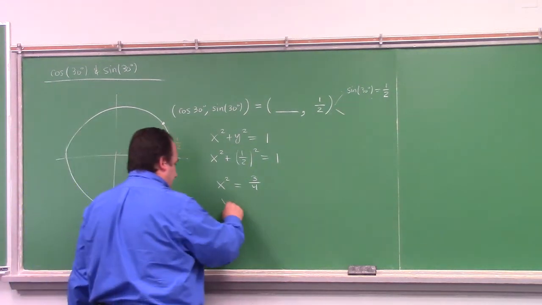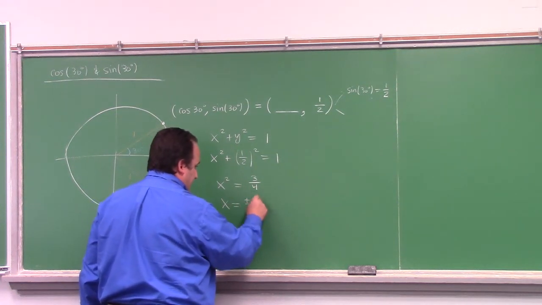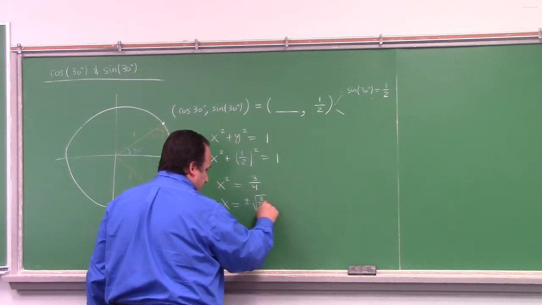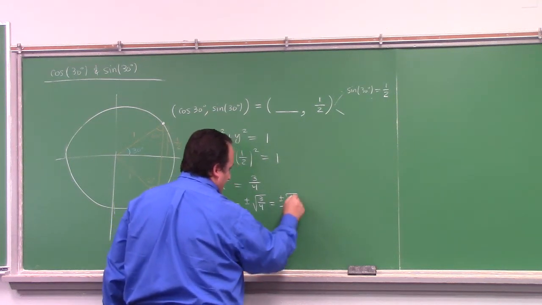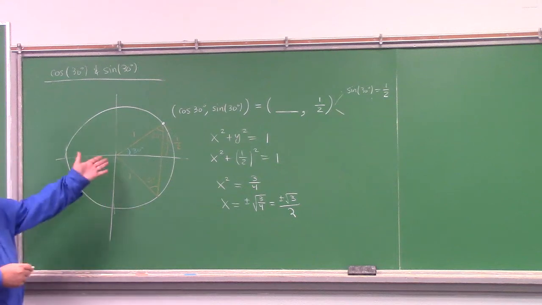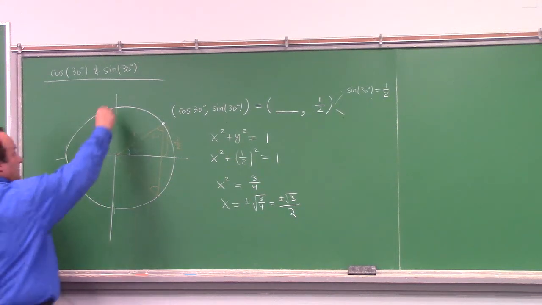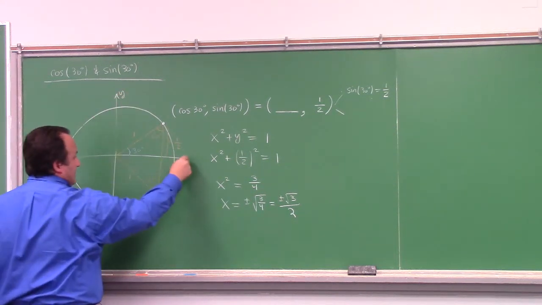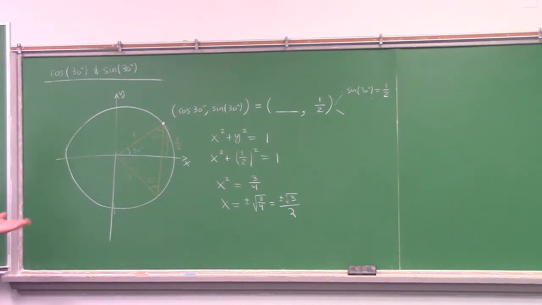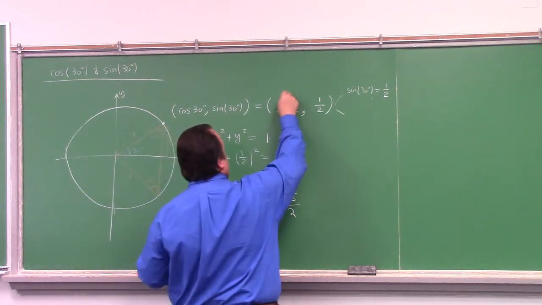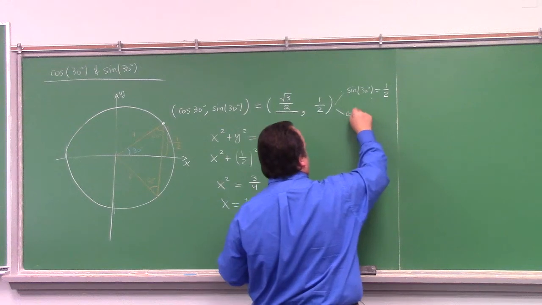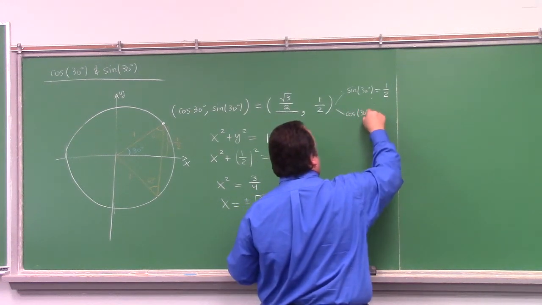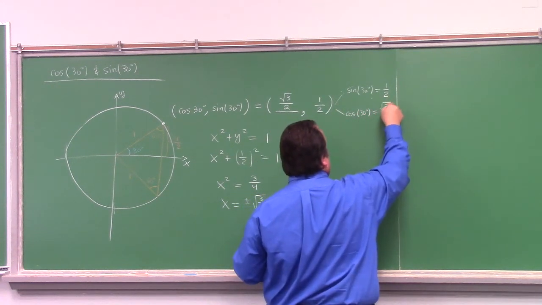So algebraically, I get x is equal to plus or minus the square root of 3/4, which simplifies to plus or minus the square root of 3 over 2. But where am I? I'm in quadrant 1, so I have to choose plus. So there we go. The square root of 3 over 2 is the missing contestant here. And so we get that the cosine of 30 degrees is the square root of 3 over 2.